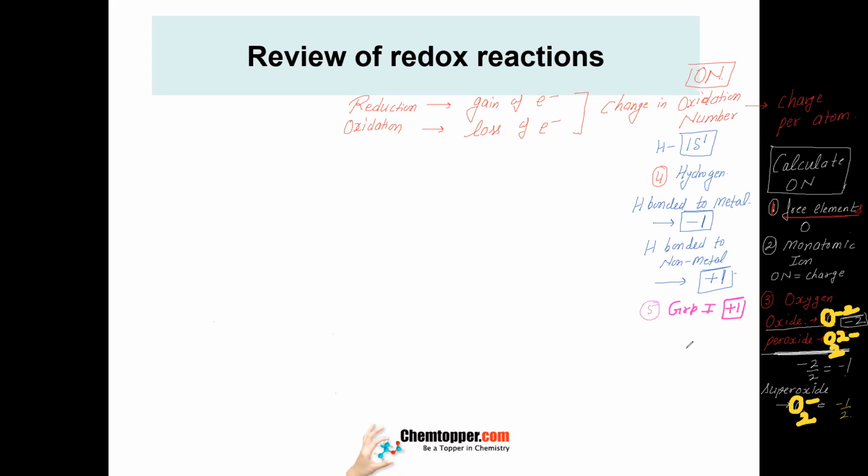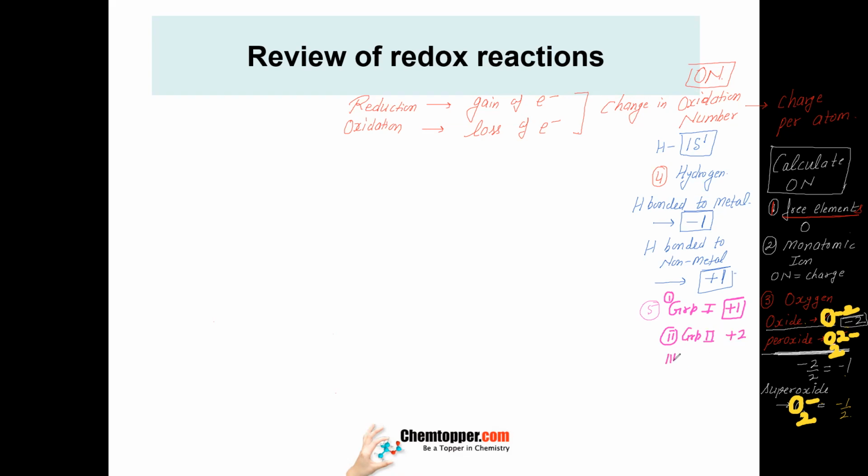These rules are fixed oxidation numbers. Rule number 5, group number 1 is +1. Group number 2, group 2 is +2.